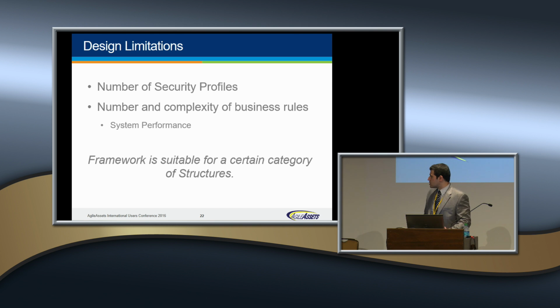The point that I want to mention is the framework works very well for the category of asset that it is targeted for. If you choose the set of assets that are going to fall under this category right, then you shouldn't have any problem with the number of security roles and also the quantity and quality of business rules that you need to implement at that level in this framework.